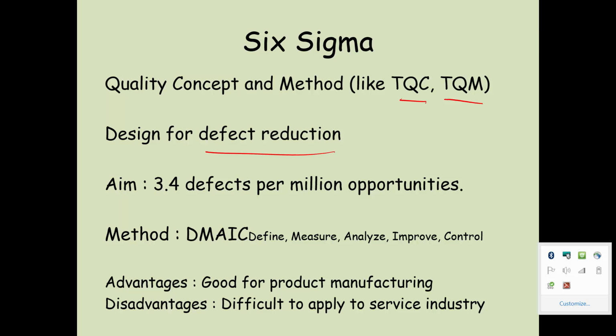So if you were to produce 1 million widgets, whatever they might be, you're saying that you don't want to have more than 3.4 defects. That's a fairly strict requirement. The method that's used here is called DMAIC, or in longhand define, measure, analyze, improve, and control.